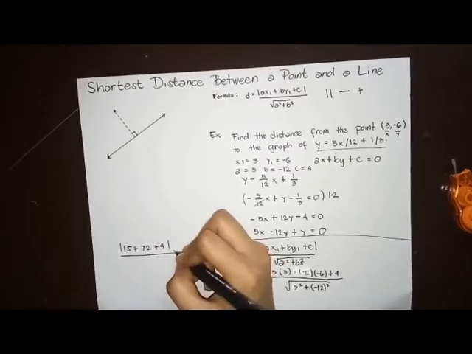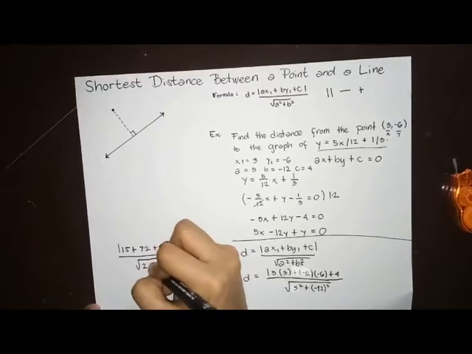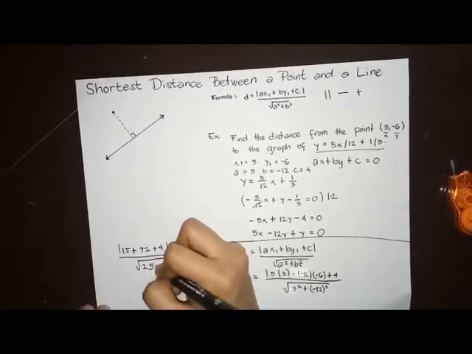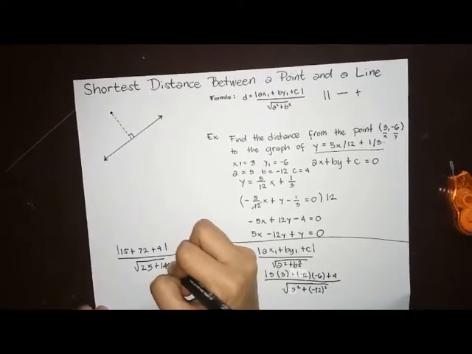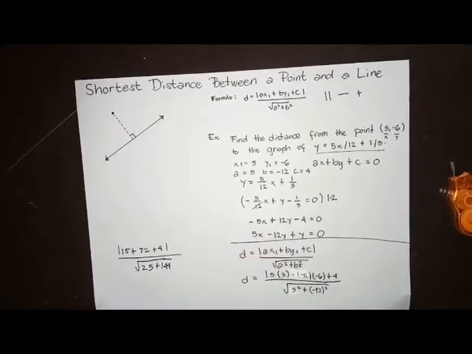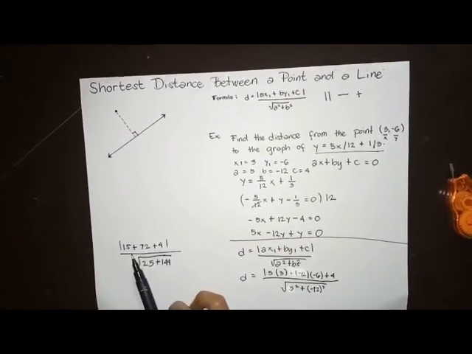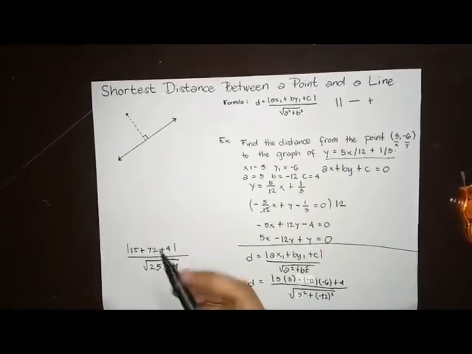And 5 squared is 25 and negative 12 squared is 144. 15 plus 72 is 87. 87 plus 4 is 91.